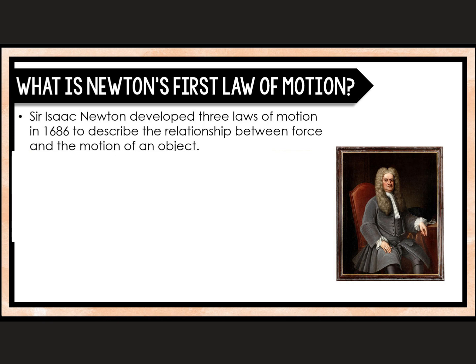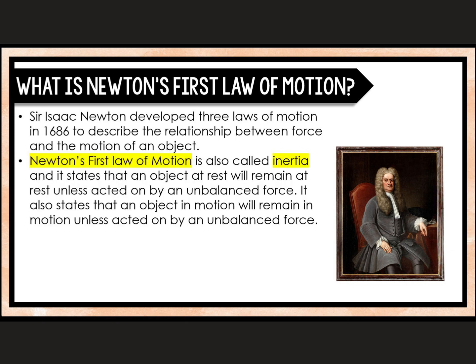Sir Isaac Newton developed three laws of motion in 1686 to describe the relationship between force and the motion of an object. Our question is, what is Newton's first law of motion? Well, Newton's first law of motion is also called inertia.